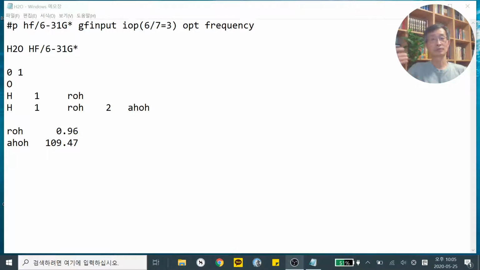I know there must be a more recent version, and I used G98, probably G92, and even G80, Gaussian 80, something like that, a long time ago. I remember Gaussian 86 was there when I was a student.